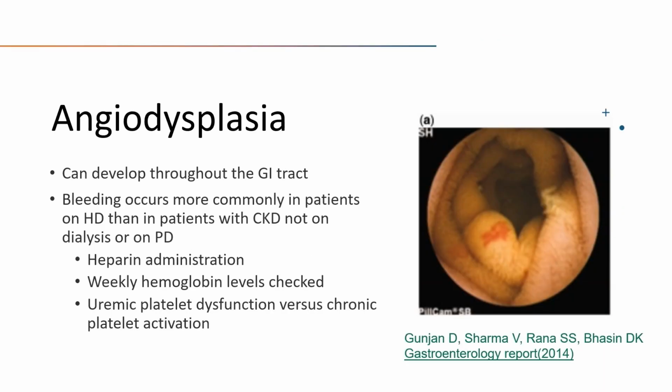For angiodysplasia, we don't actually know that patients on dialysis develop more angiodysplasia. We just know that they bleed from them more often. So the malformation makes the blood vessels very fragile and it's easier for them to bleed. Patients on home dialysis may still need heparin. Not all of them do, but oftentimes they do. And in that situation, they're still having the same exposure of the blood to the tubing and the heparin, with risks for more bleeding issues.